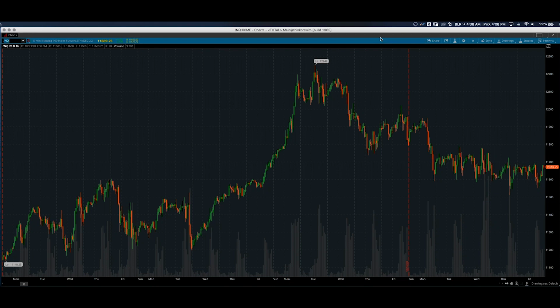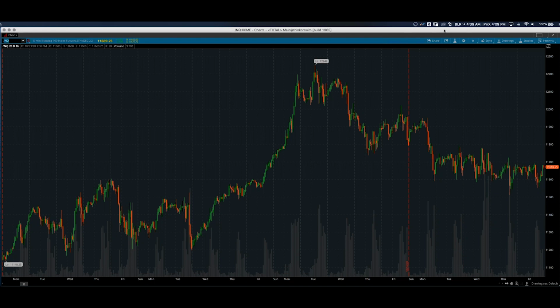I'm going to go through this really quickly and talk about how I use it. There may be other ways, there may be other strategies, so be open to those. Don't take my use of this indicator as gospel, because it's just how I use it in conjunction with a lot of other indicators.